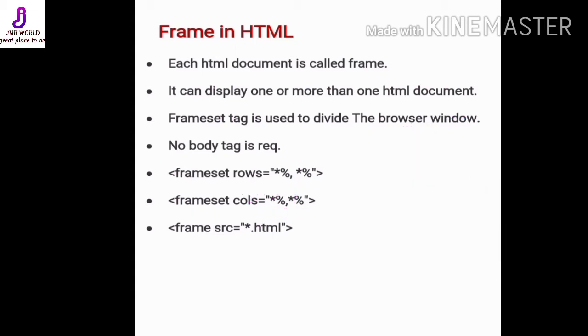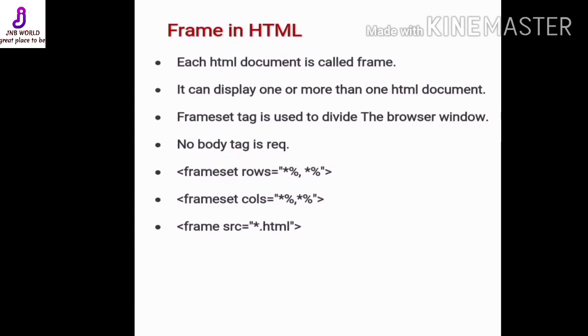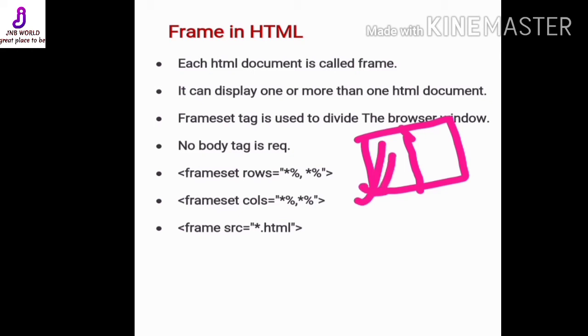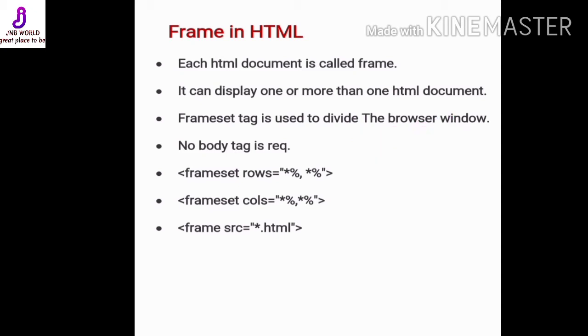Next is frame src. Here is our browser window, and say we divide it into two columns. This is a blank column, so here we have to use some code. In this particular part we have to use our HTML document, meaning an HTML file.